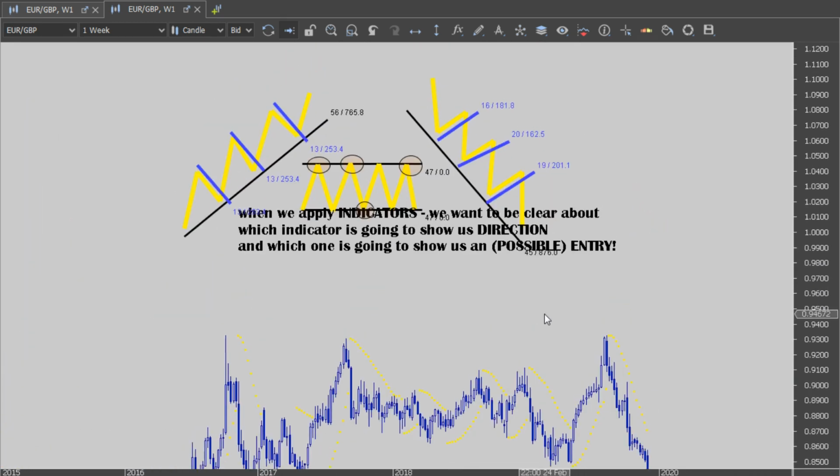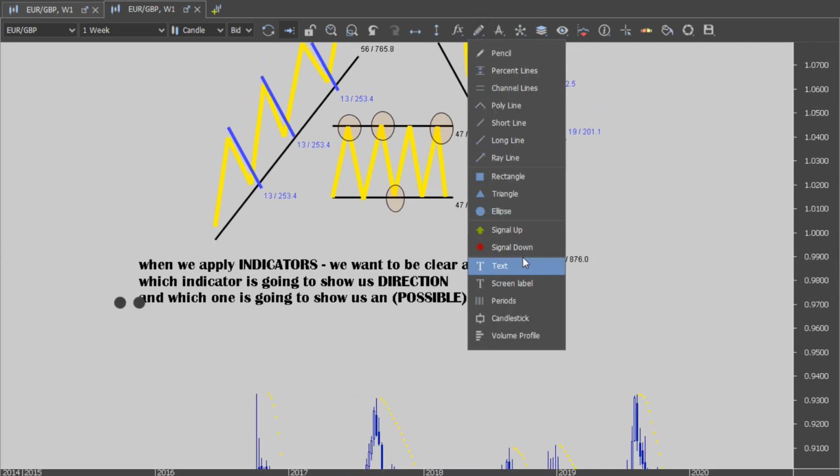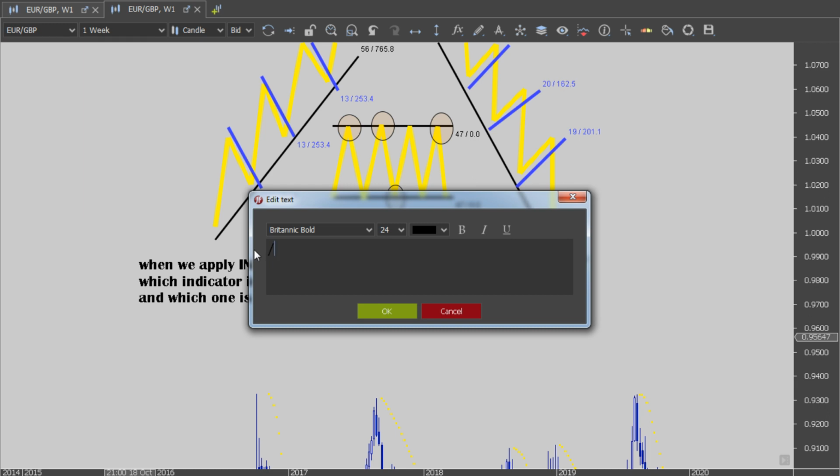Now, one more thing which is challenging, everybody, is you need to be aware, okay, let's write this down, when deciding about an indicator, we need to study it and test it, okay?